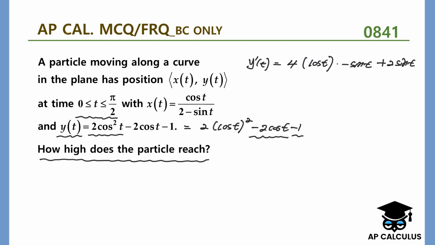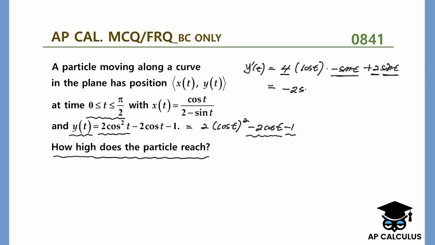So let's factor this. I'm going to factor negative 2 sine t, and what we have here is 2 cosine t minus 1, and set that equal to 0. And y prime is equal to 0 when sine t is equal to 0, or when cosine t is equal to 1/2.